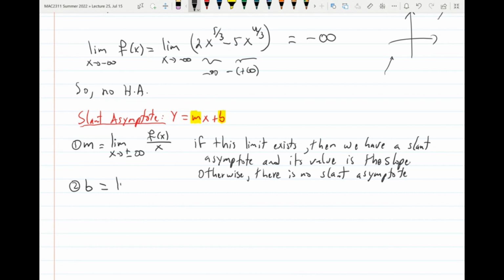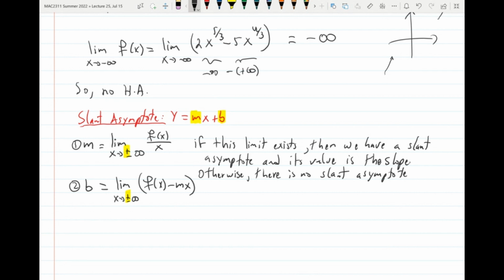Then to find b, all you do is take the limit as x approaches the same infinity you were using, either positive or negative infinity. I'm going to put both here because it depends which one you used above. If you used positive and got a number, then you use positive here. If you used negative and got a number, then you use negative. And then you take the function minus mx.